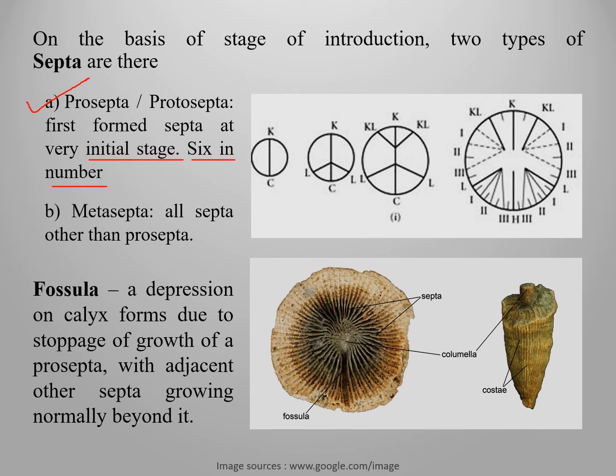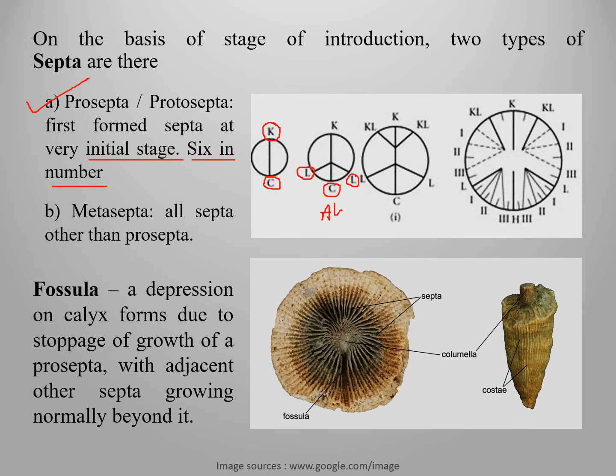If we look at the transverse section of a corallite, C means cardinal, and K means the septum that occurs opposite to the cardinal septum, known as the counter cardinal septum. At the side of the cardinal septum there occur two septa symbolized as L. This L indicates lateral septa or alar septa.